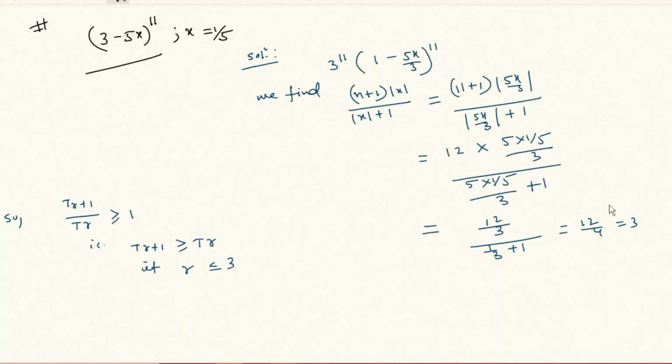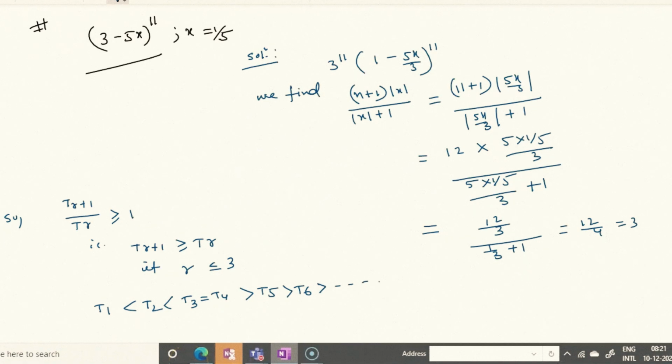So long r is less than or equal to 3, this will happen. So what will happen there? T4 and T3, this will be greater than T2, this will be greater than T1, and this will be greater than T5, greater than T6, this manner. So therefore, that's why we draw the conclusion that T3 and T4 both are greatest term.